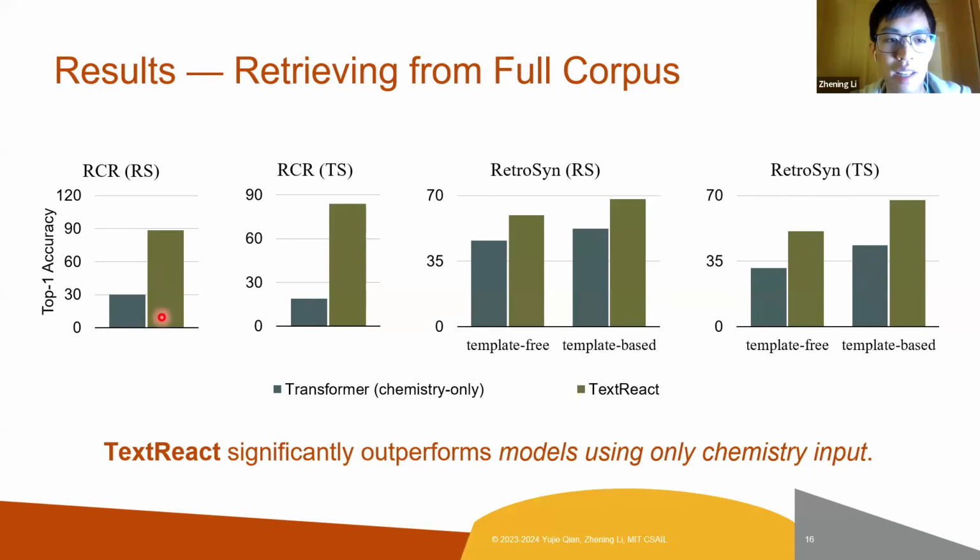And we can see that all of these green bars, which are TextReact, are a lot higher, especially for RCR, than the blue bars, which are the transformer baseline. So especially for RCR, we can see that text retrieval boosts the top one prediction accuracy by a lot, from about 30% to 90% in the random split, and from 20% to 80% in the time split. And we can see smaller but still appreciable performance increases in retrosynthesis.